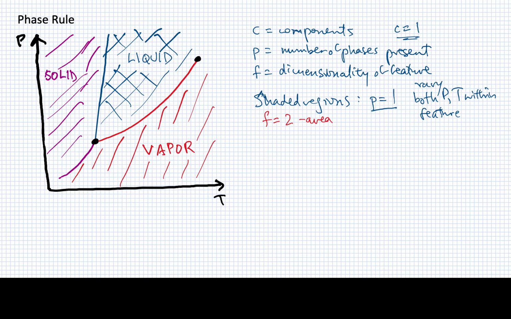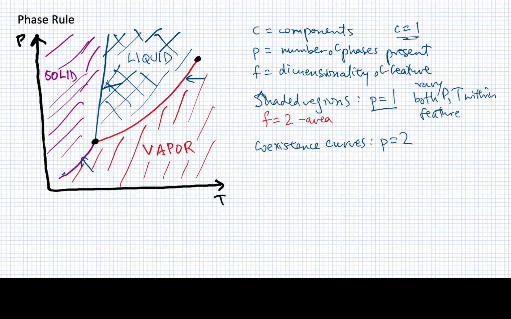Well, how about the coexistence curves? We've been spending a lot of time talking about those coexistence curves. In each of these coexistence curves, so this is one of them, this is another one, and this is a third one, I have two phases represented. So on this red curve, I've got both liquid and vapor.